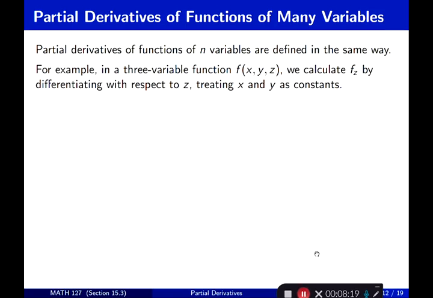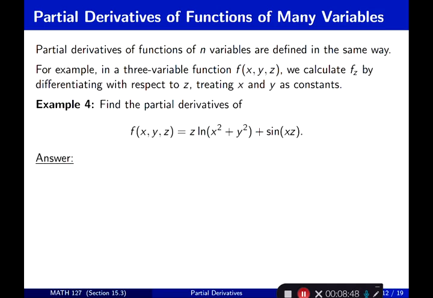So partial derivatives of functions of n variables are defined in the same way. For example, in a 3-variable function f of x, y, z, we calculate f sub z by differentiating with respect to z, treating x and y as constant.